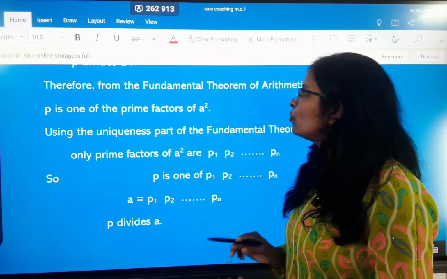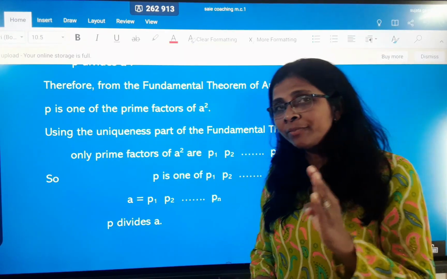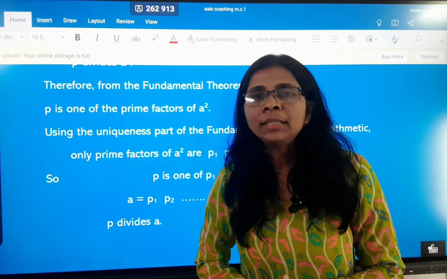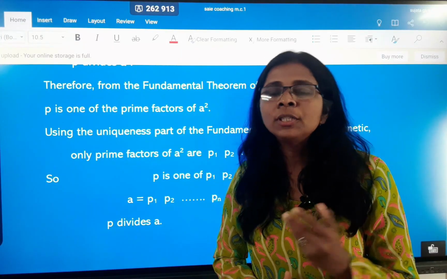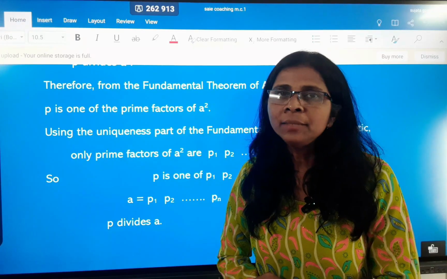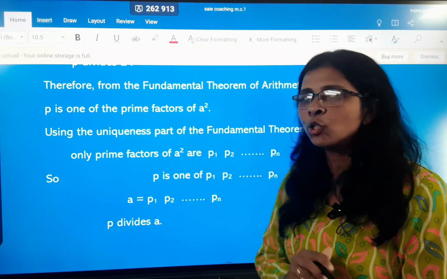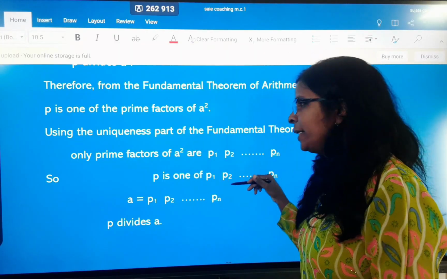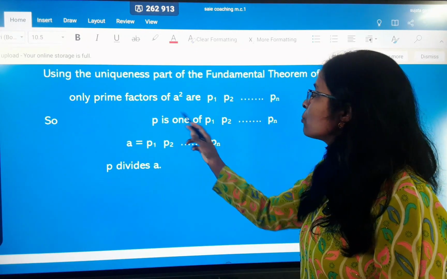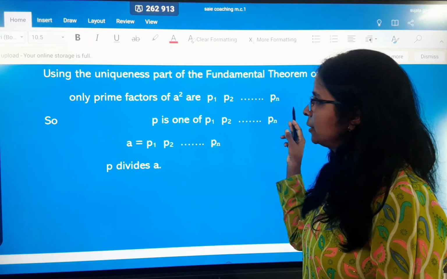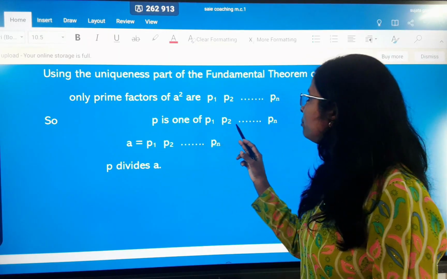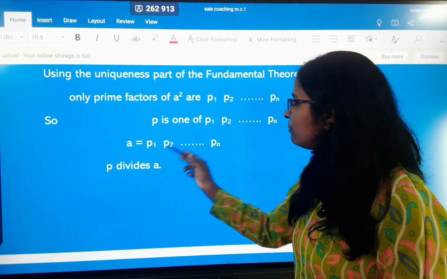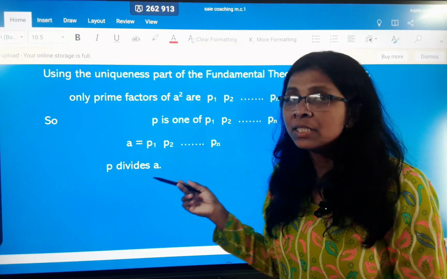Using the uniqueness of the fundamental theorem of arithmetic, the only prime factors of a square are p1 p2 dot dot dot pn, and p is one of p1 p2 dot dot dot pn.